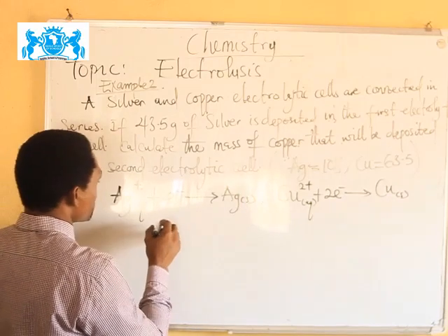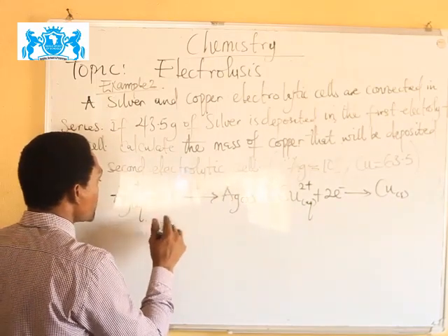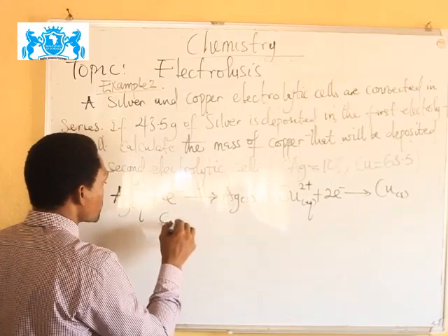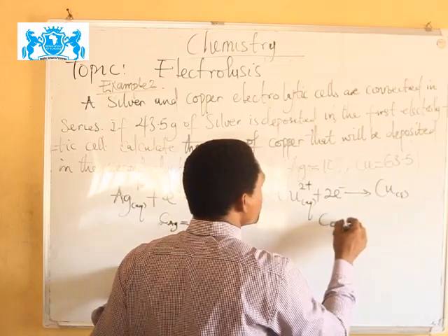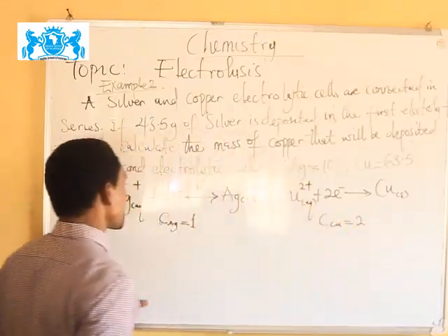Now, which means that from here, our C(Ag) is equal to 1 and our C(Cu) is equal to 2 by their charges.